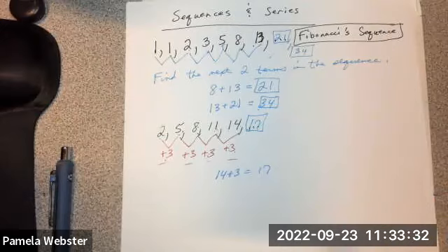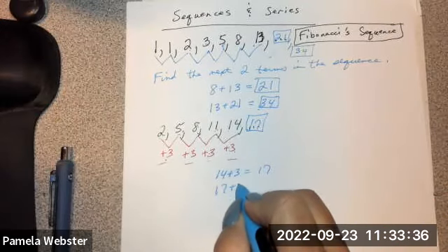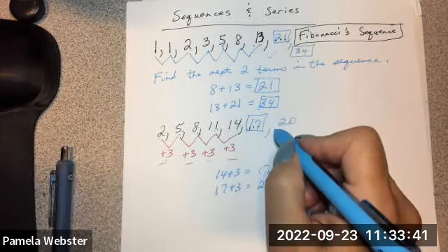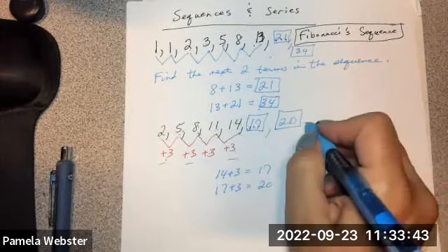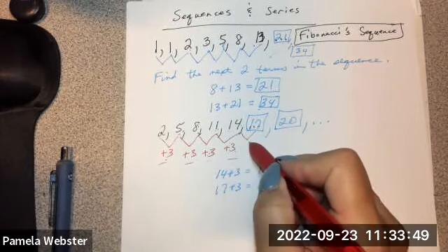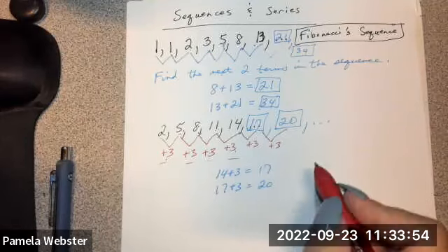I'm going to do 2 terms because that's what the directions said. And then 17 plus 3 would give me 20. So when I put these terms in line like this, we can ask, is it the plus 3? Yep. Is it the plus 3? Yep. So the pattern just continues.